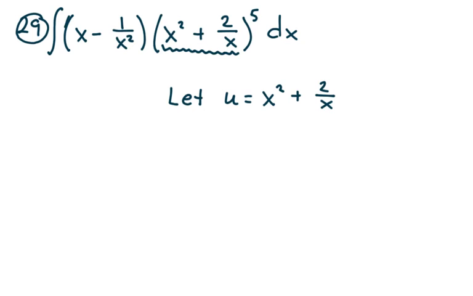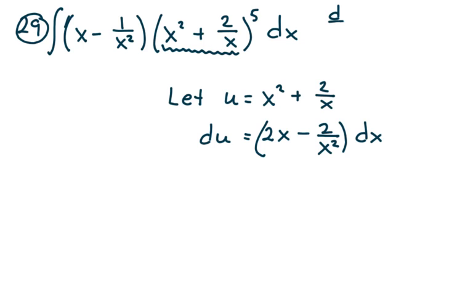So when I do du, I get 2x minus 2 over x squared in parentheses dx. Recall that the derivative of 1 over x is negative 1 over x squared. So that's where I'm getting the second line.